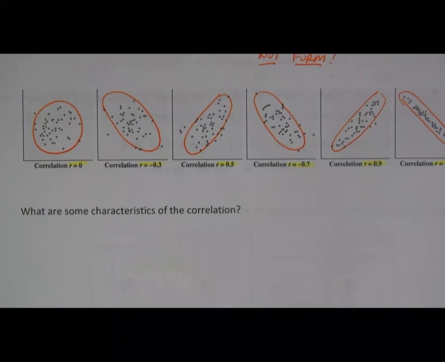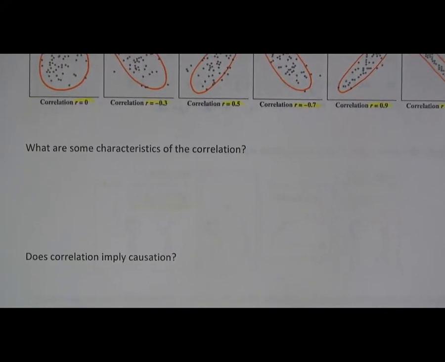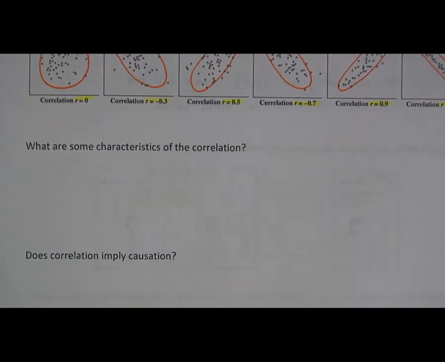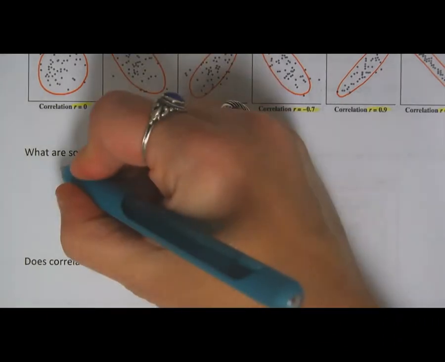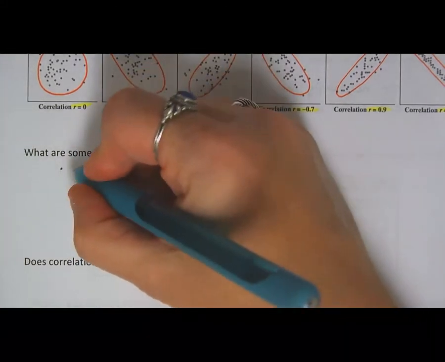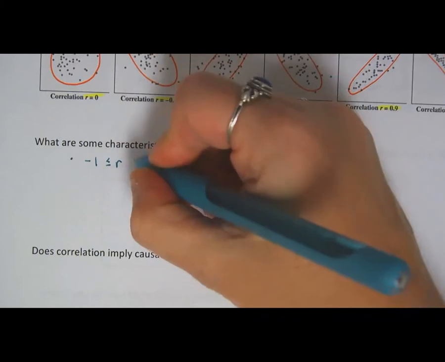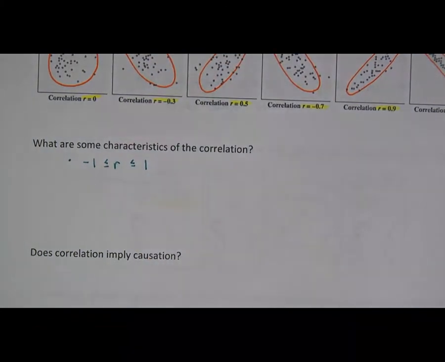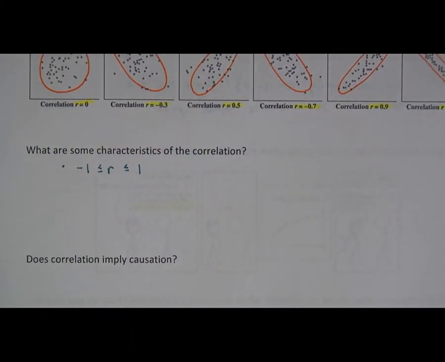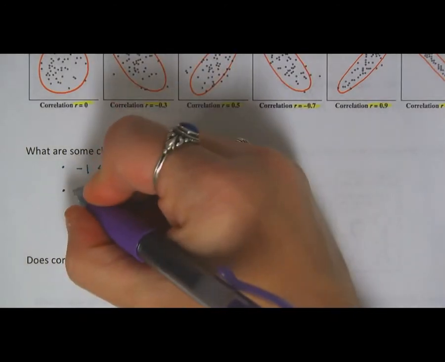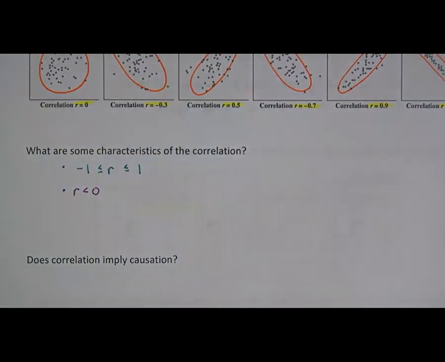Which leads me into the next part. What are some characteristics of R? R is always going to be between two numbers. And those two numbers are -1 and +1. If R is negative, that means less than 0.